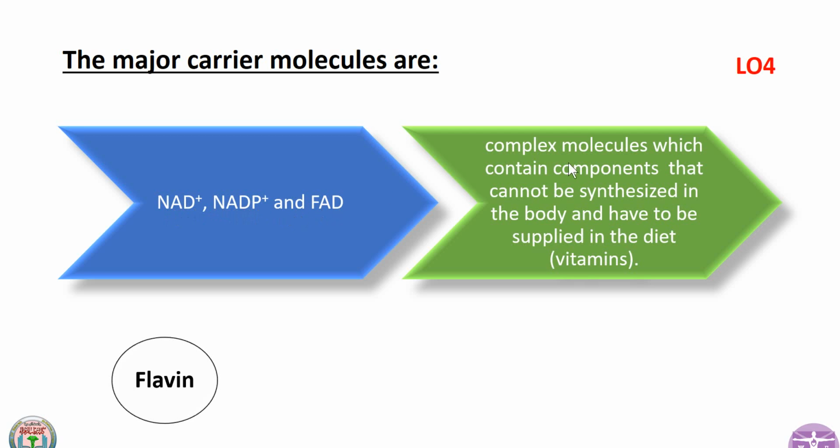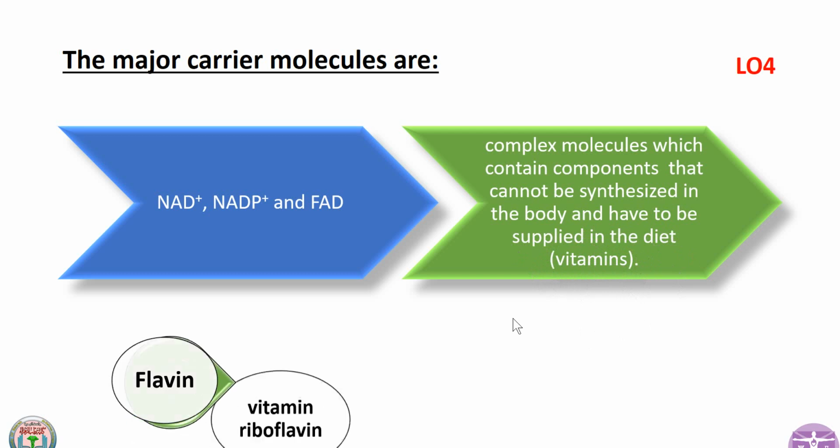These are complex molecules which contain components that cannot be synthesized in the body and have to be supplied in the diet, such as vitamins. So these are an essential component of the nutrition of the body.